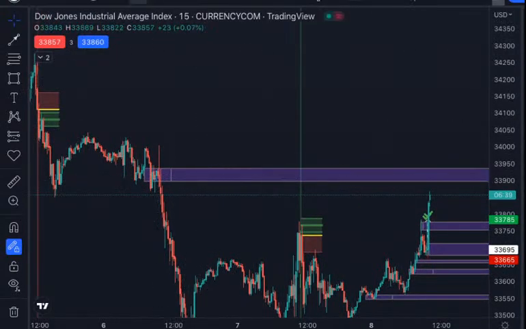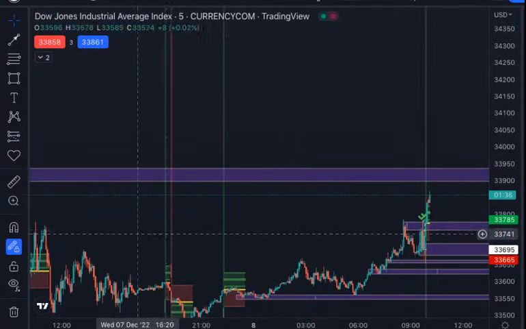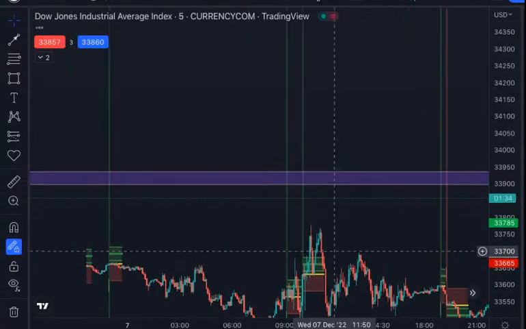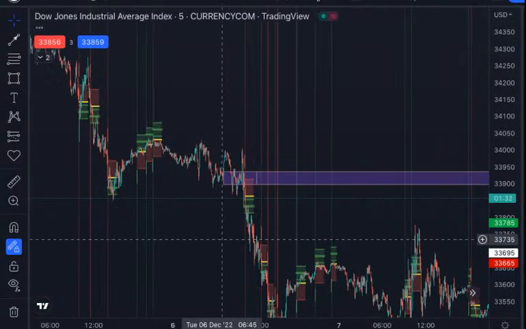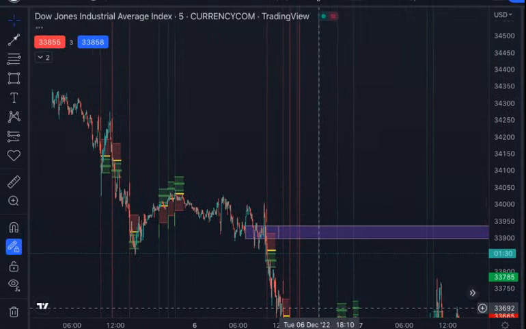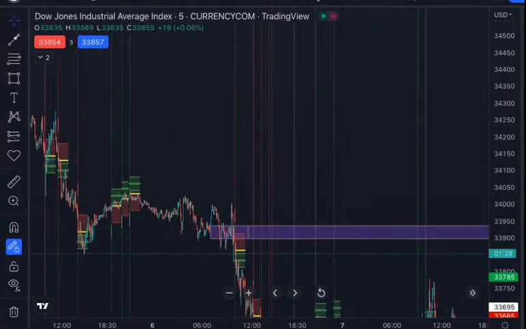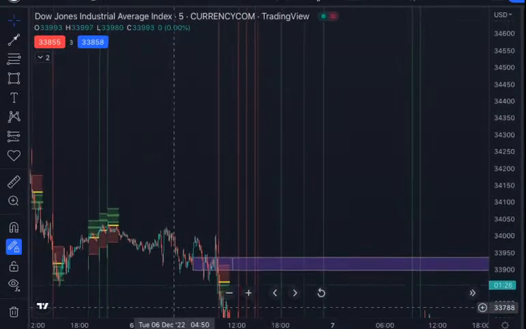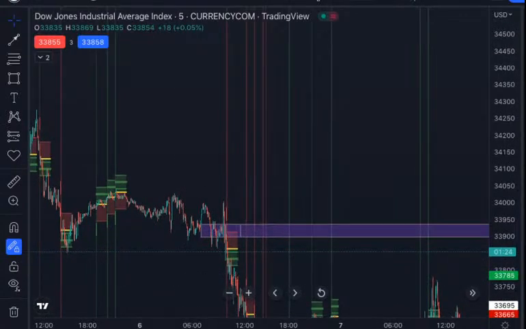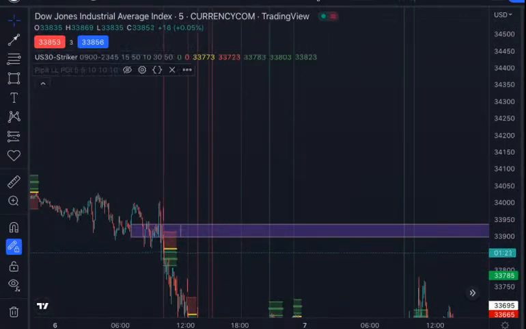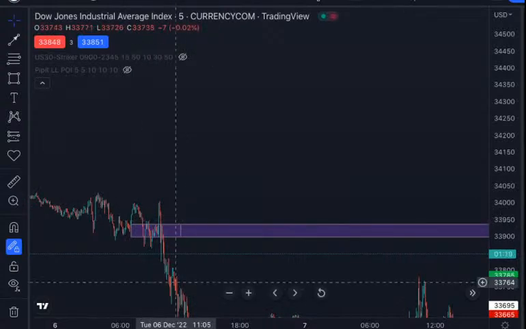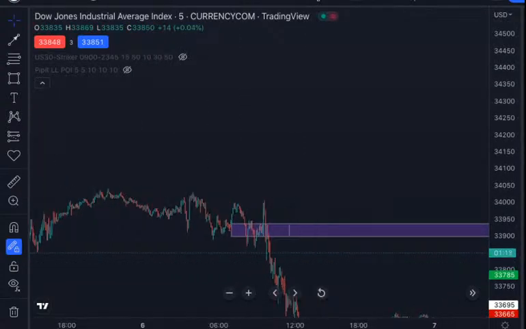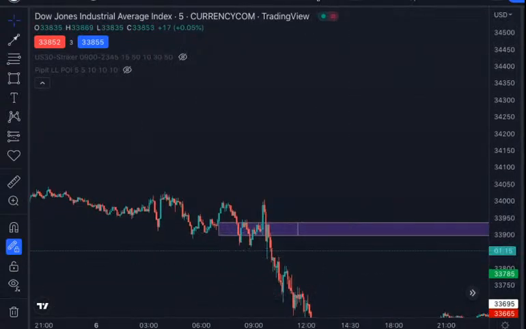But what I'm actually going to do is refine it and go to a lower time frame. Let's clean this up. And just remember, this U30 Striker is meant for the 1 minute time frame.